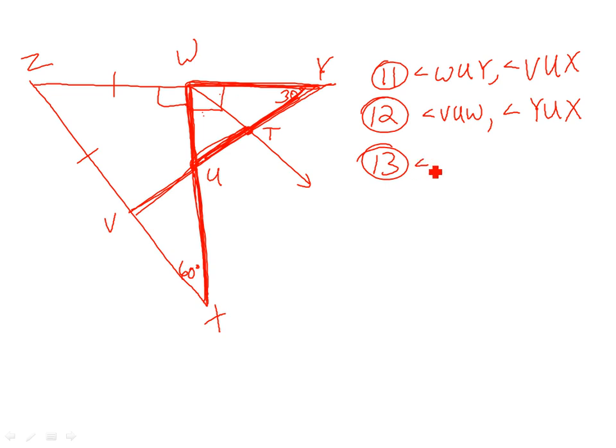So name them one more time for me, Katie. U, W, T, and then T, W, Y. Everybody agree with that? So UWT, TWY, are those two complementary angles? Are they adjacent to each other? Yeah.